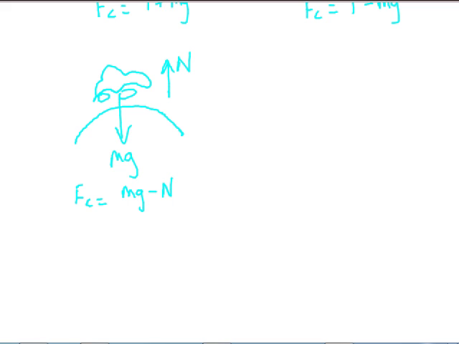The common question that would come up with this is Vmax to not get airborne. If it goes too fast, then we're going to get airborne. You'll have zero normal reaction force.